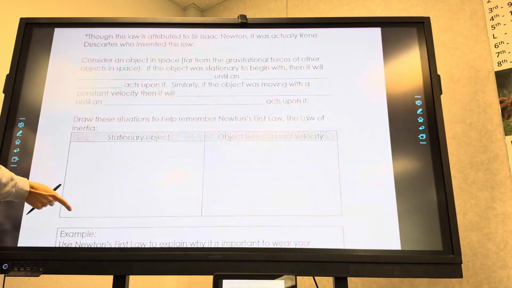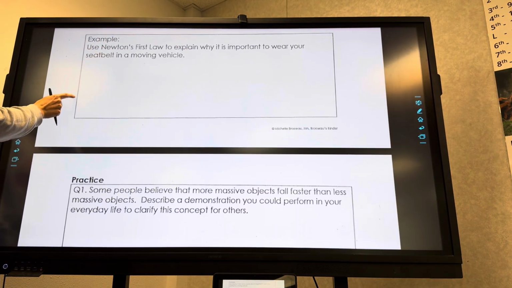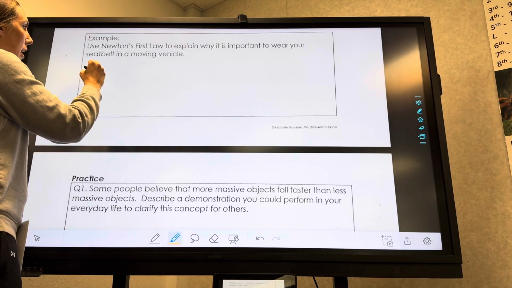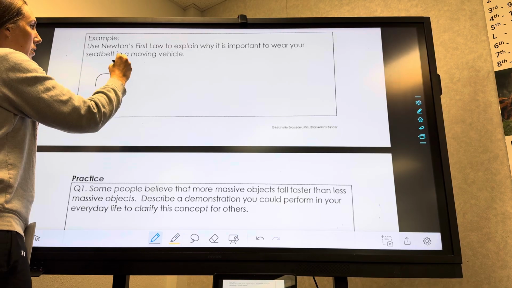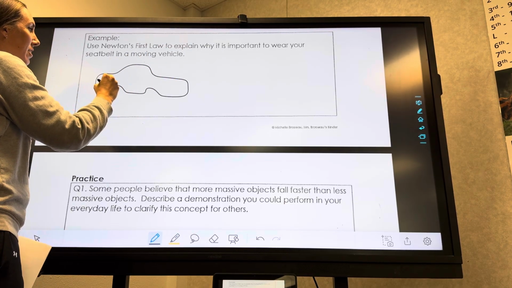Okay, next thing you're gonna do, okay, last thing before y'all get to your practice. So, use Newton's first law to explain why it's important to wear your seatbelt in a moving vehicle. Okay, so I'm gonna try. Do we have to draw this?